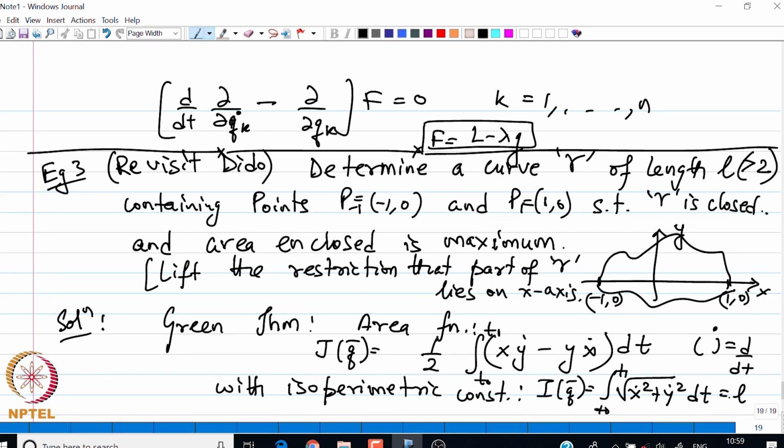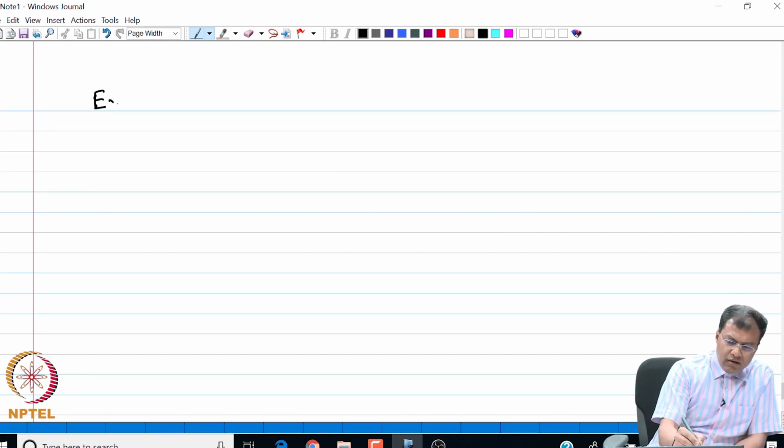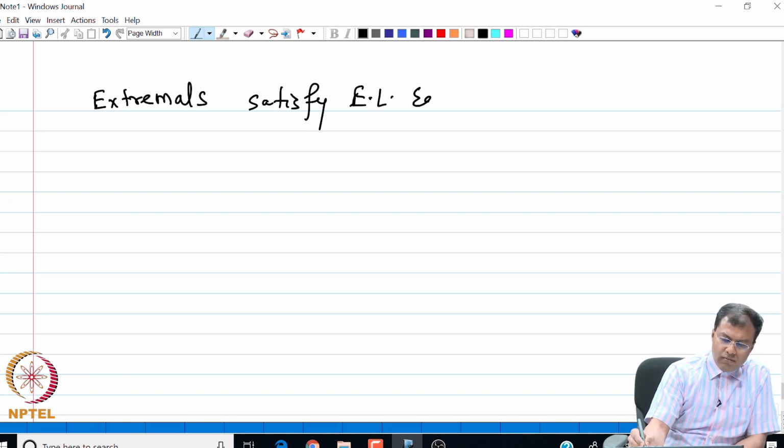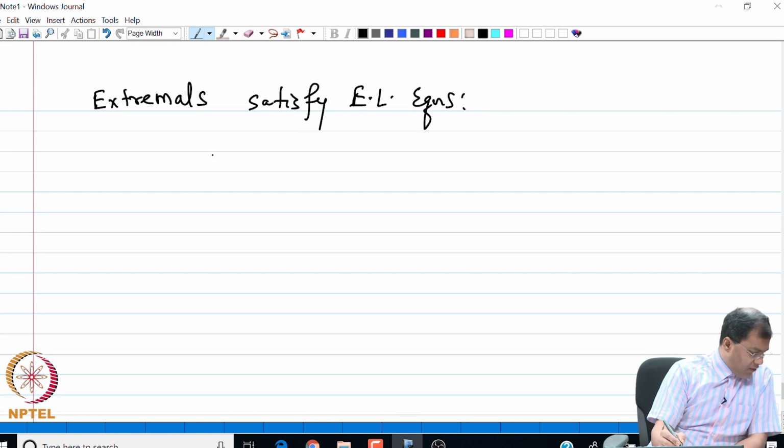So, now I have a case of constraint optimization with two dependent variables, and we directly set up the system of two Euler-Lagrange equations, which are the following set of equations.